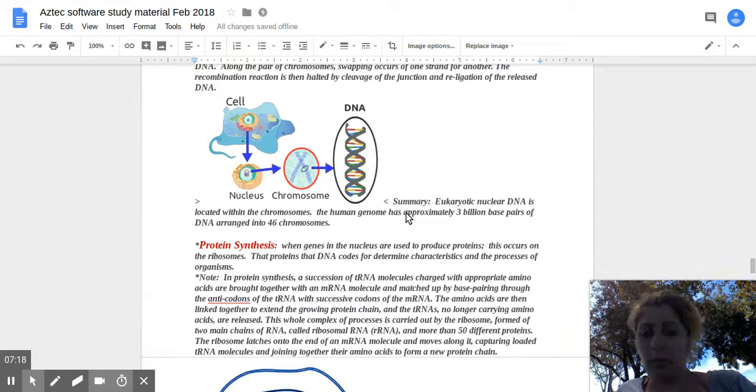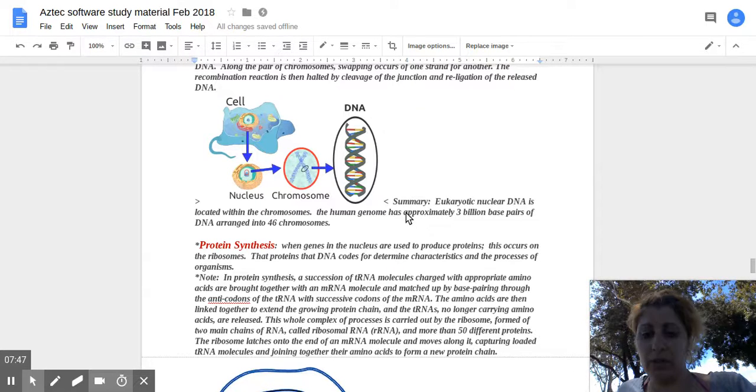So the ribosome is made of rRNA, or ribosomal RNA, and also 50 different proteins, which may help with the translation process. So two main chains of rRNA, and proteins as well.